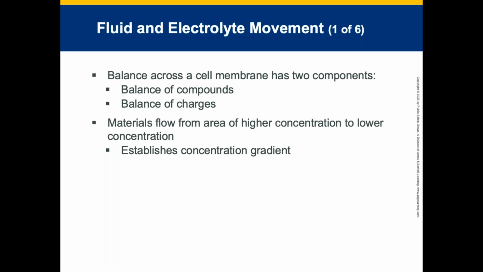We're taking things from a higher to lower concentration so that things start to even out. There are two methods of moving electrolytes or gases. What are they? What are the two things that can be utilized to help move things through a gradient?